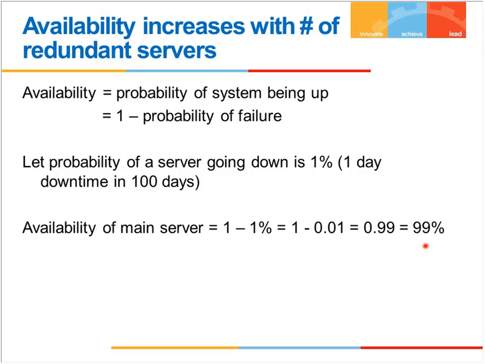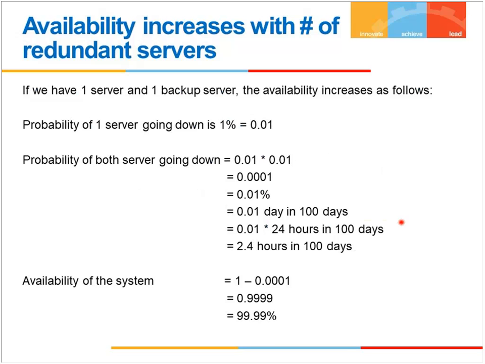Now let us see what happens when we have two servers. When we have one server as backup, the availability increases. Let's say the probability of one server going down is 0.01. The probability of both servers going down is when the entire system becomes unavailable. That is the probability of one server going down multiplied by the probability of the next server also going down.